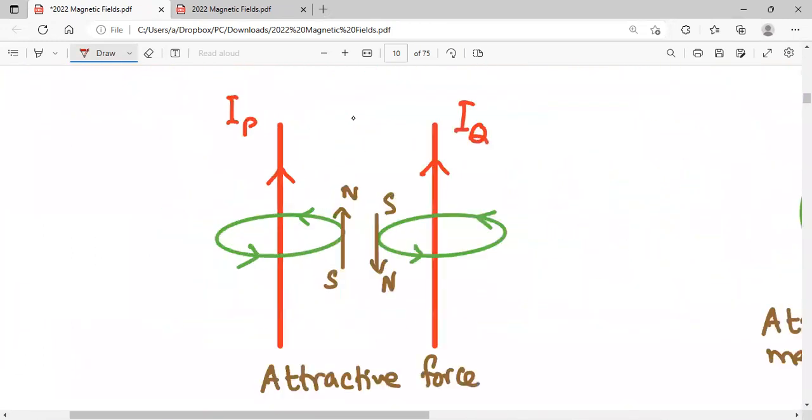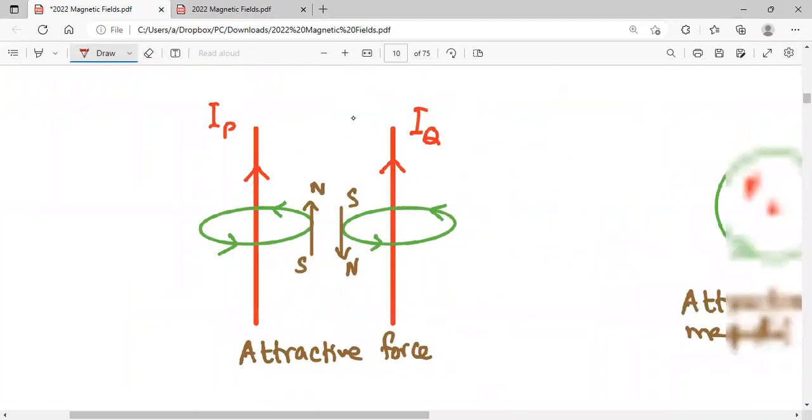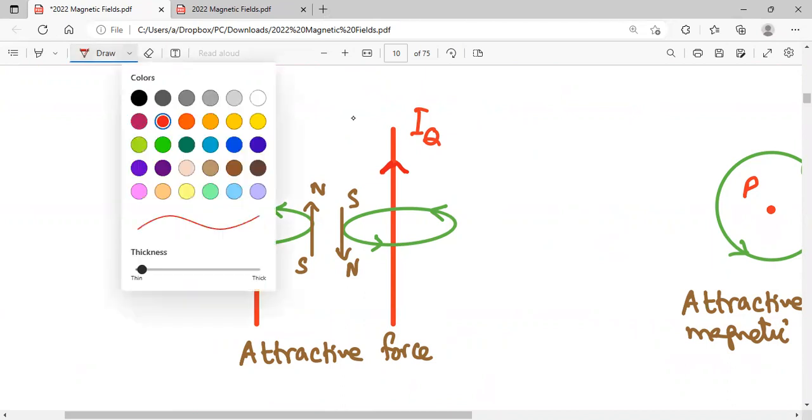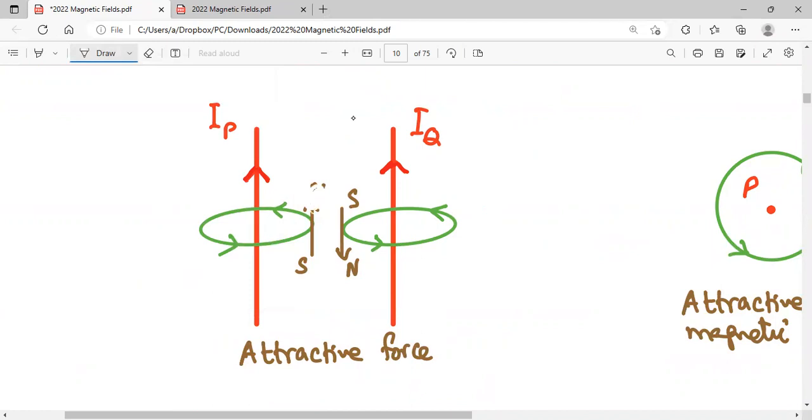So let's have a quick review through this diagram. Again, in these wires, the current is flowing in the same direction, in upward direction. What you do is you plot the magnetic field, which over here is, of course, in anti-clockwise direction. Just ignore this for the moment.